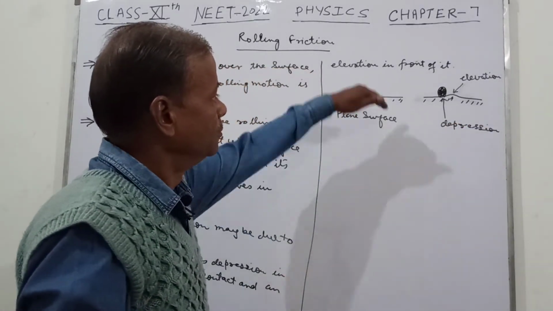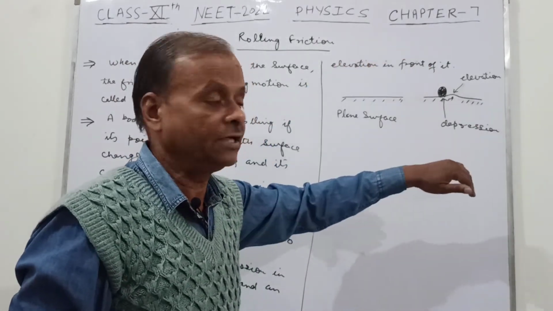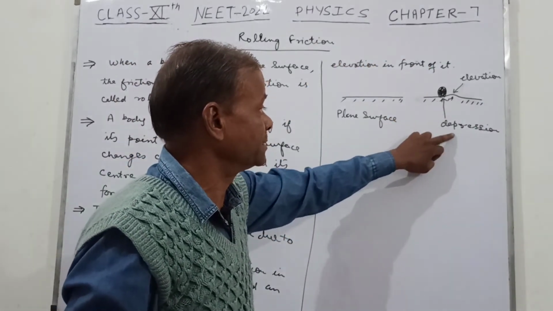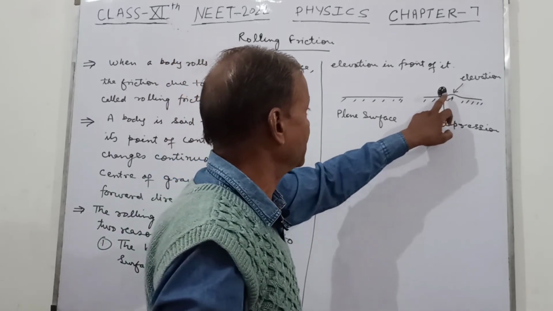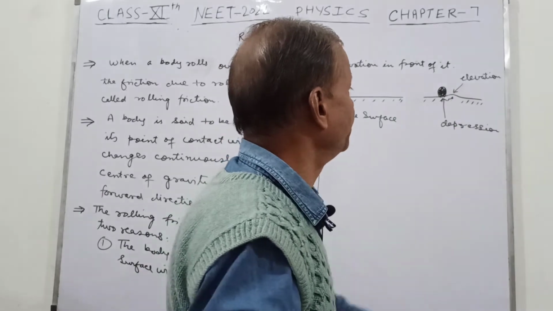तो बॉडी जब रोल करती है तो इस तरह से वो इसमें डिप्रेशन क्रिएट कर सकती है. जब डिप्रेशन होता है तो इसका आगे का जो पार्ट होता है वो उठा हुआ, एलिवेशन प्रतीत होता है.